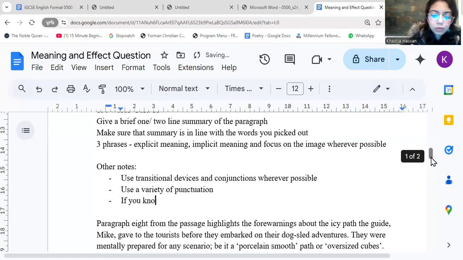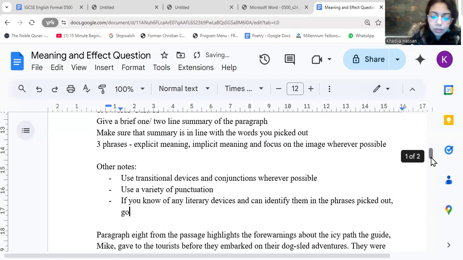If you know of any literary devices and can identify them in the phrases you picked out, go ahead and write about them. Right? So personification, when you are giving a non-living thing the qualities of a living thing, then you can mention that personification is being used.